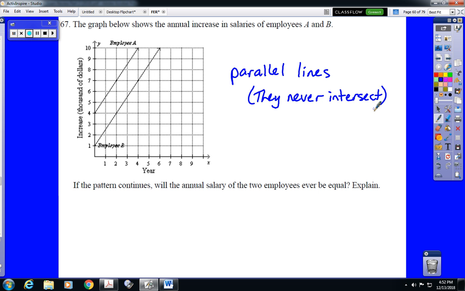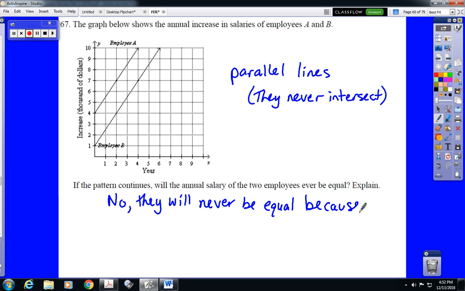So we would say, no, they will never be equal because they have the same rate of change.